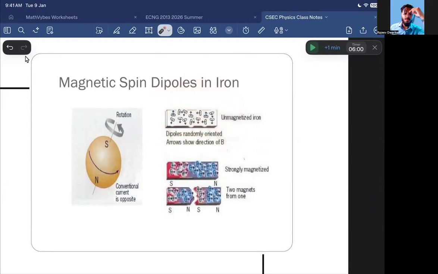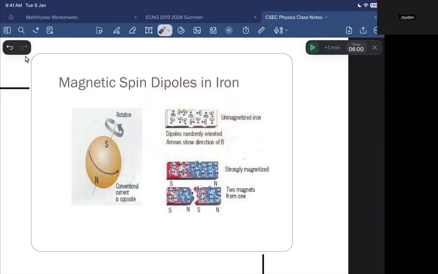Yeah, so iron by itself is unmagnetized because all of these small magnets, the dipoles, that's what you call them, you learn about this in electrical engineering, that's how I know it, are in disarray. They're not oriented properly. But if I take a magnet and bring it close to this, you know what's gonna happen to the dipoles?